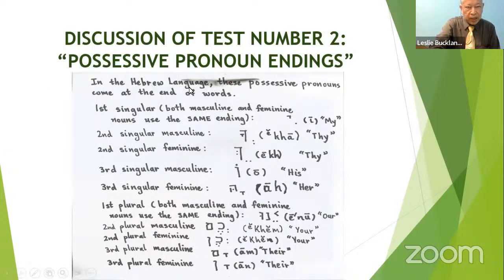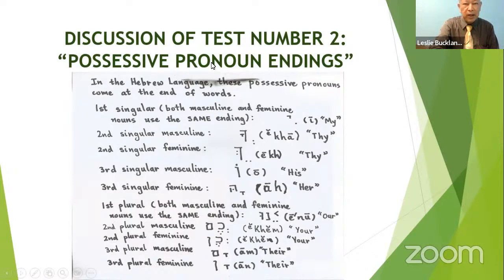In the Hebrew language, these possessive pronouns come at the end of words. That is why they're called endings. In the normal grammatical language, it would be called suffixes. S-U-F-F-I-X-E-S, suffixes. Suffixes are endings that are attached to words.